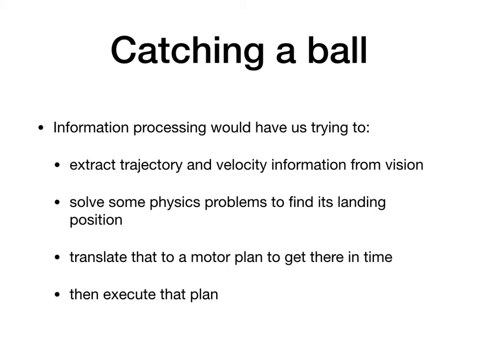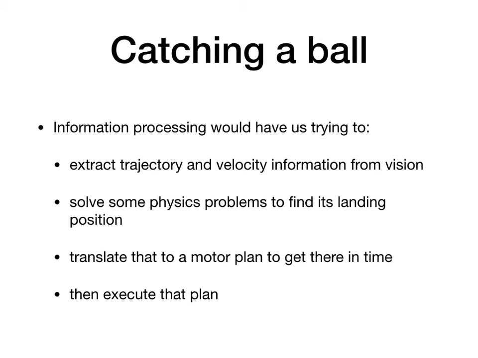Then I'm going to have to figure out my motor plan to get there in real time and execute it all at the same time, right? That's a whole heck of a lot. Now, we did talk about how neurons can solve a whole lot of different problems, and in fact, they could get us pretty close to some of these things happening rapidly. But this also has the problem that you have to do it all up front, right?